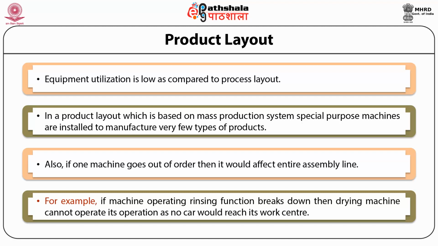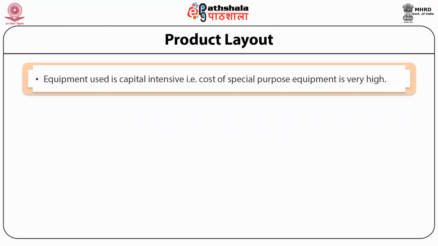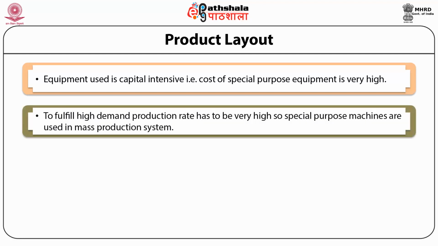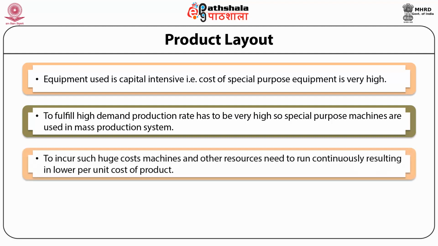Also, if one machine goes out of order, it would affect the entire assembly line. For example, if the machine operating the rinsing function breaks down, then the drying machine cannot operate, as no car would reach its work center. Equipment used is capital intensive, that is, the cost of special purpose equipment is very high.